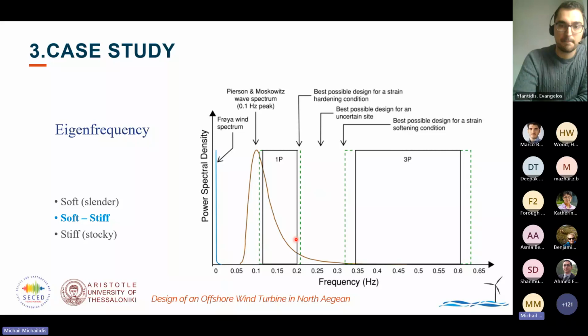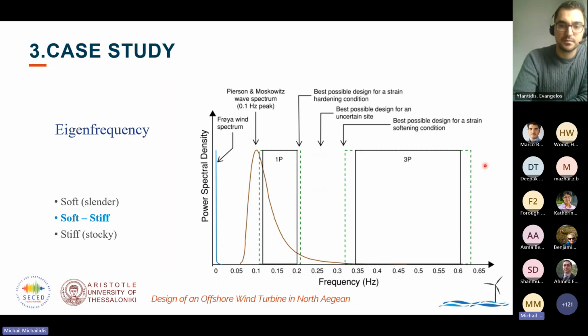So in case the natural frequency of the wind turbine is across any of these ranges, there is a significant hazard of excitation that will cause severe problems in terms of serviceability and fatigue as well.